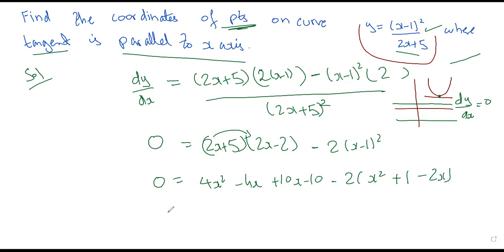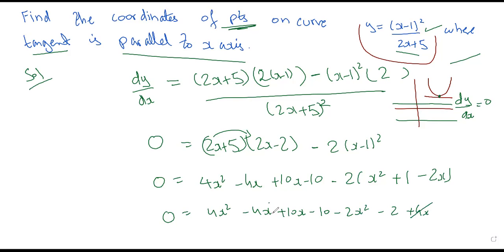Now look, I'm not skipping each and every step because I know that we are human. We can certainly make calculation mistakes. So I would not suggest that you skip every step. Okay, minus 2 plus 4x.